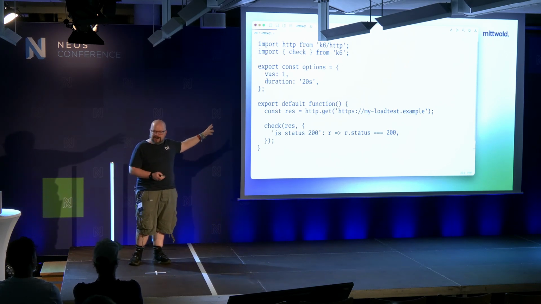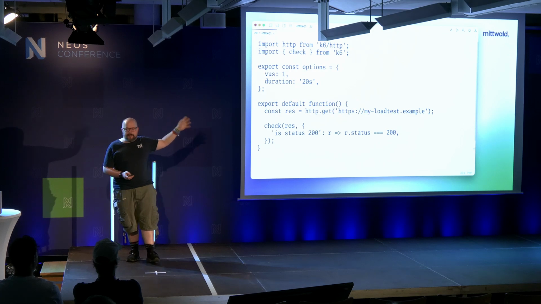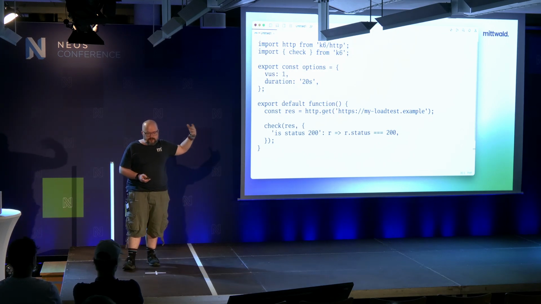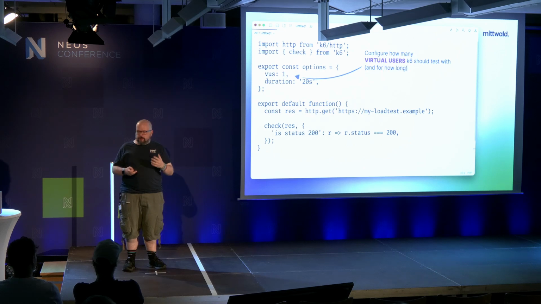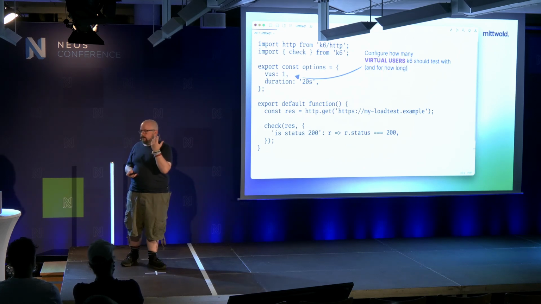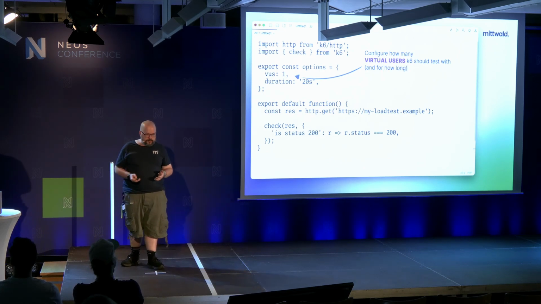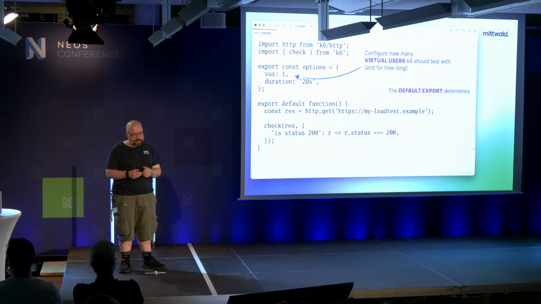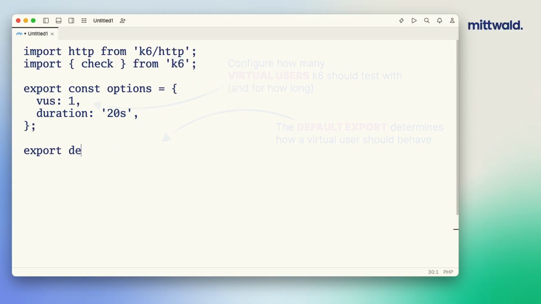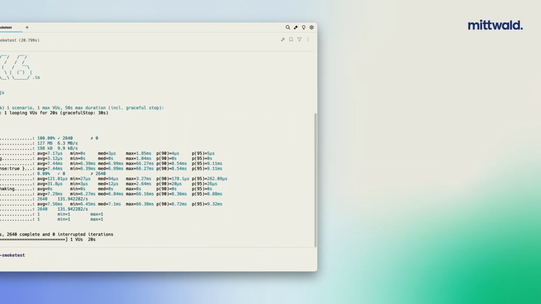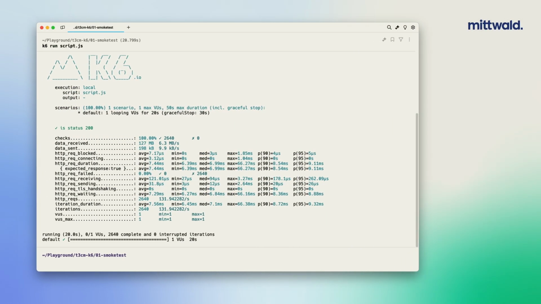Everything that you can describe in JavaScript, you can implement in a k6 load test, and you can use that to try to code how a typical user would behave on your site. Output might look something like this. This is just a short demo. I'll show the output of the real one in a minute.